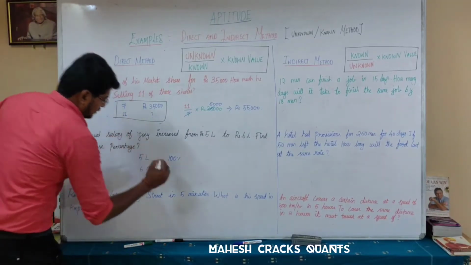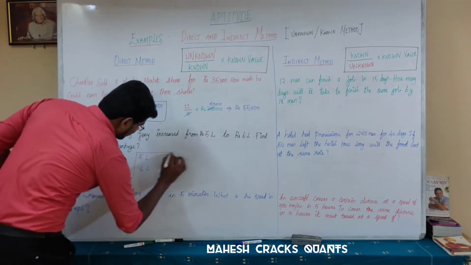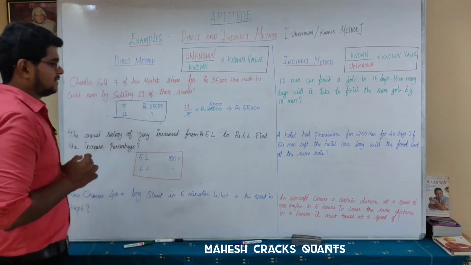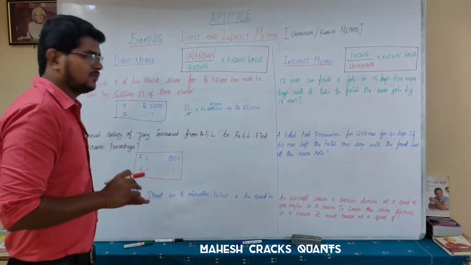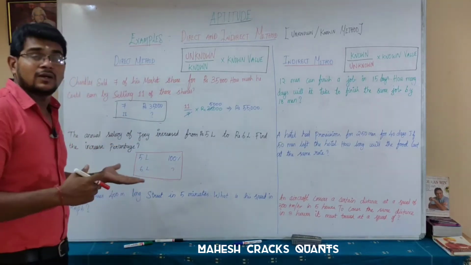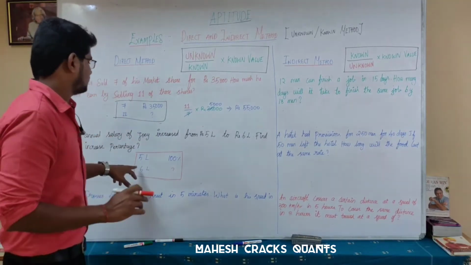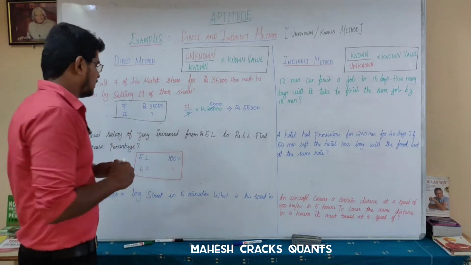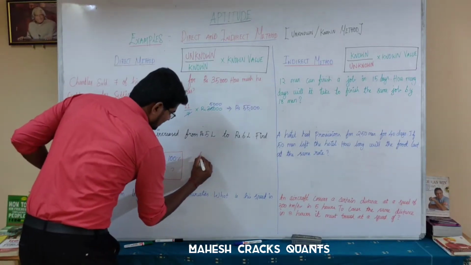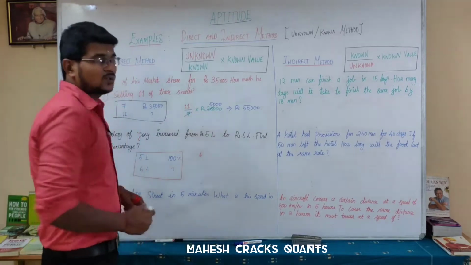Okay, let's go and solve. So 5 lakh, 6 lakh and 100 percentage. Numerator and denominator are obviously one of 5 or 6. Which will come? 6 lakh definitely, because I don't know the percentage of 6 lakh, but I know the percentage of 5 lakh. So unknown is 6. And what is the known value?